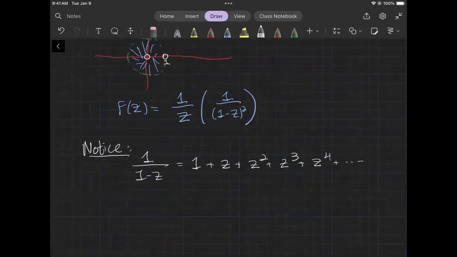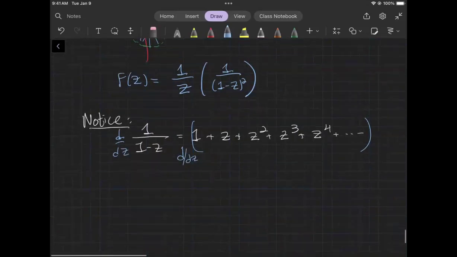Also, if we differentiate both sides of this equation, d/dz, not d/dx. Got to remind myself I'm doing complex differentiation. This derivative equals 1 over (1 minus z) squared, right?